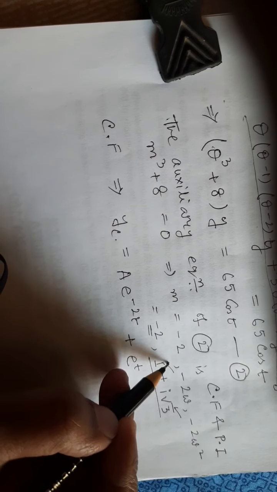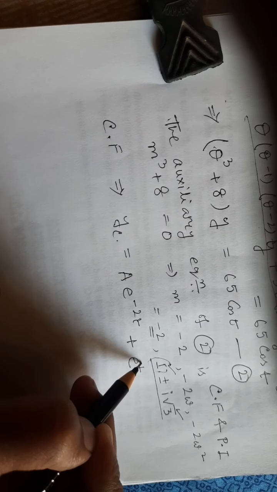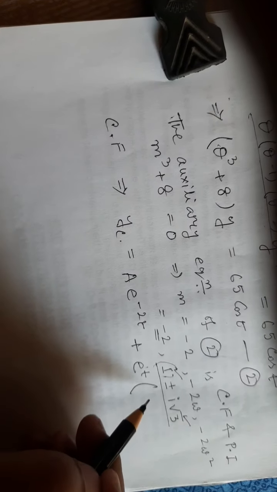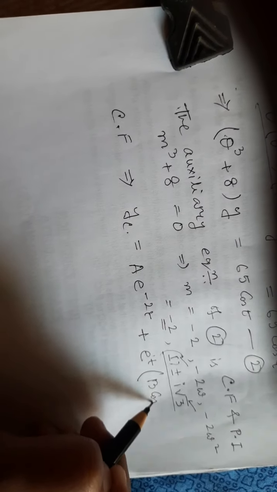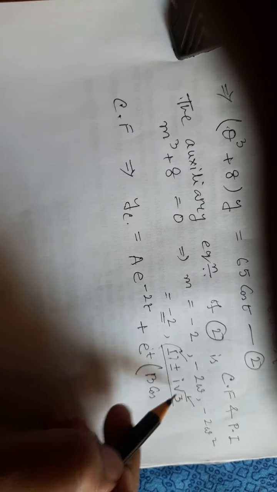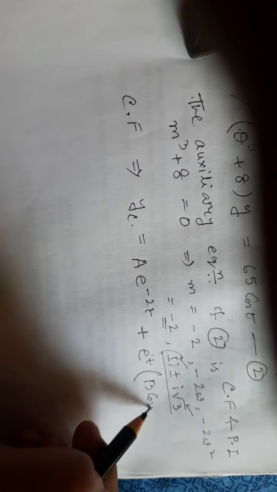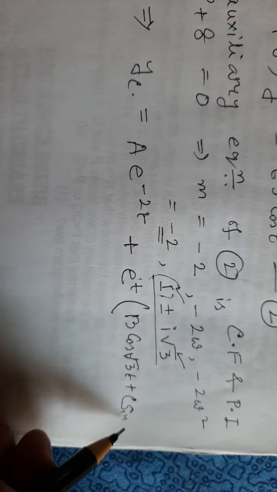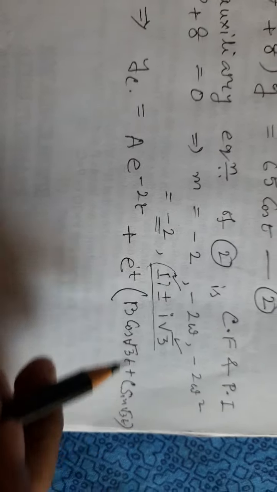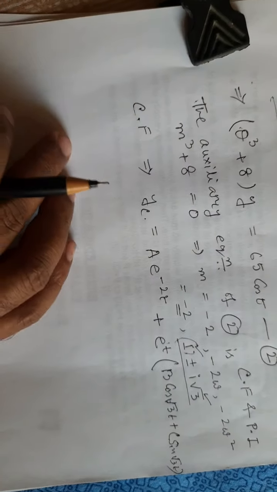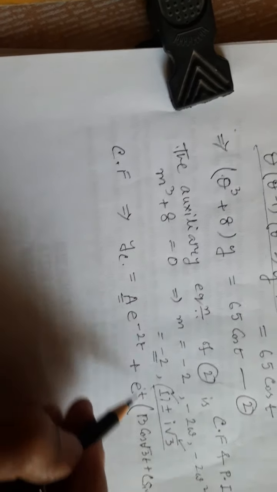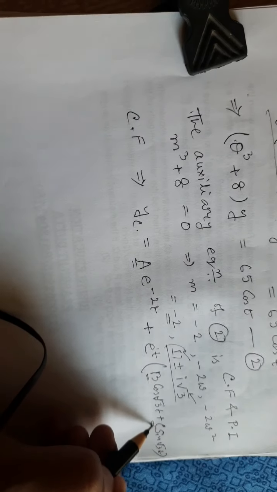The value of the real part is 1, so e to the power 1t, in bracket B cos root 3t plus C sin root 3t, where A, B, C are arbitrary constants.